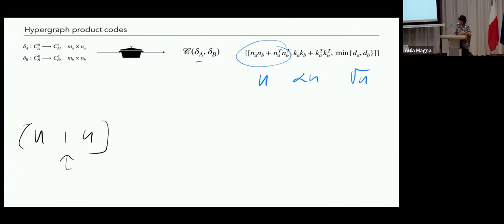And this is interesting in general. I didn't want to go through the construction in those terms because all the good codes that we have seen come from some sort of product. Basically, when I have to describe the parity check, if H is the classical one, then the one of the hypergraph product code is going to have a form like a tensor product like this.